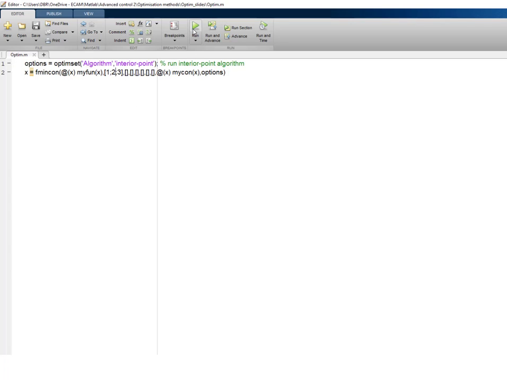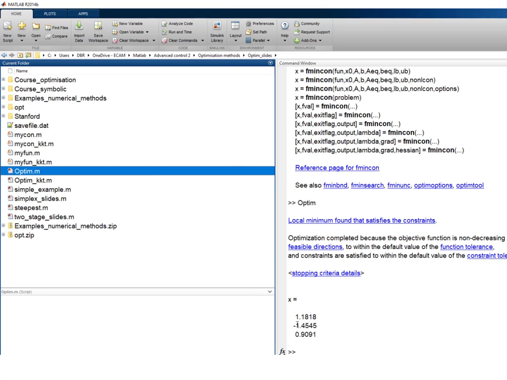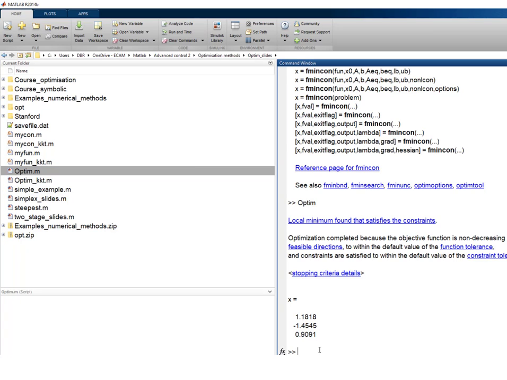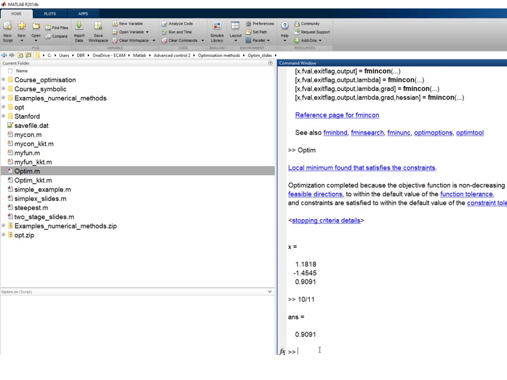So let us run this code, and this is indeed what you obtain. And if you go and look, you will see that the third solution was 10 over 11, and as you can see, this corresponds. So you can check your results with Matlab.